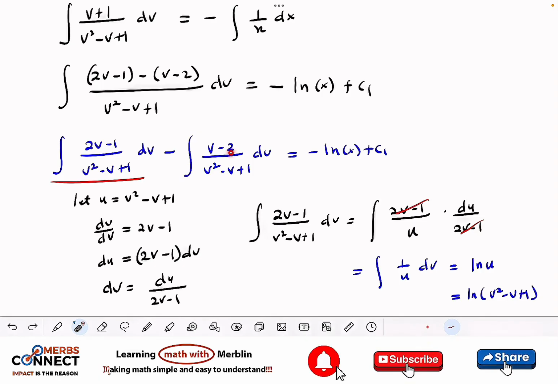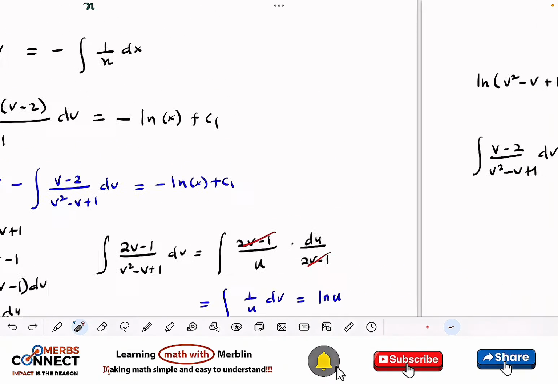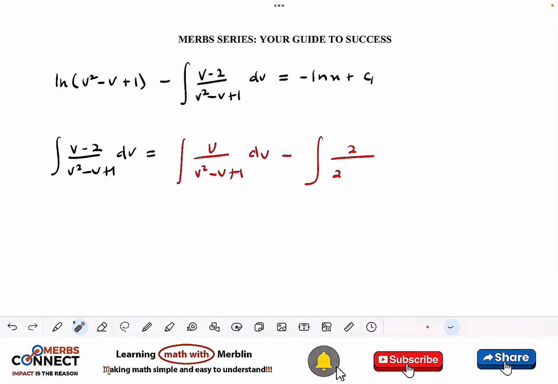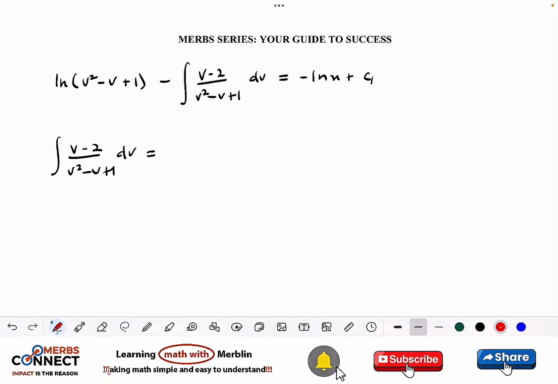If I factor here, if I do something like minus 1 minus 1, good, I saw a new way of doing this so that this one becomes very nice to go with. Instead of splitting it into 2, I can write this one as the integral of vn minus 1 minus 1 over vn squared minus vn plus 1 dvn.